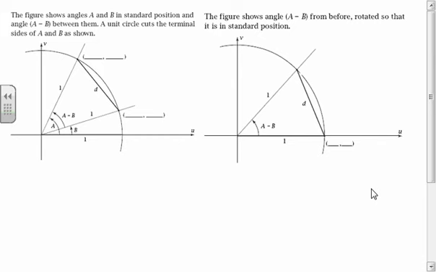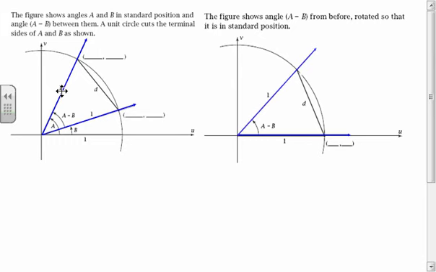Okay, in this picture here, we have two pictures. They are both pictures of angle A minus B. In the left-hand picture, we have angle A in standard position with its terminal ray right there, and angle B in standard position with its terminal ray right there, and the angle between those two blue rays is angle A minus B. In the right-hand picture, we also have angle A minus B in standard position itself.